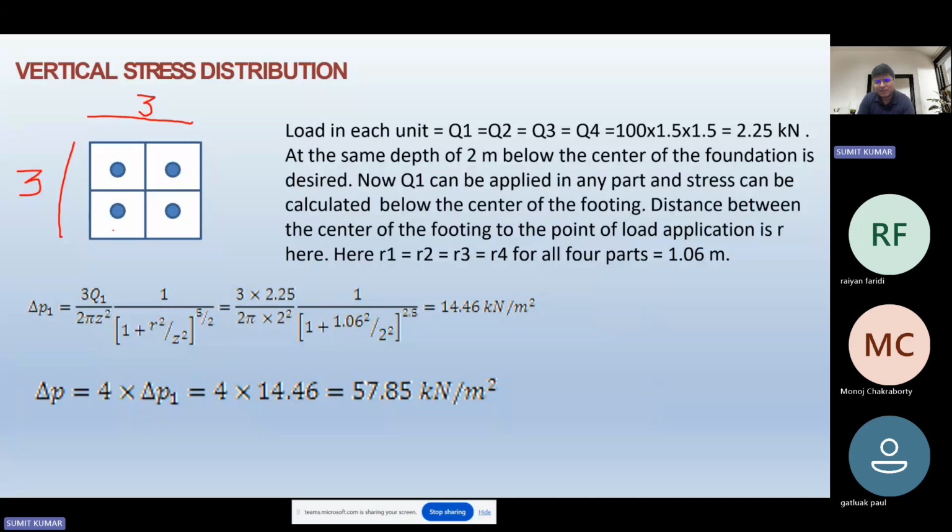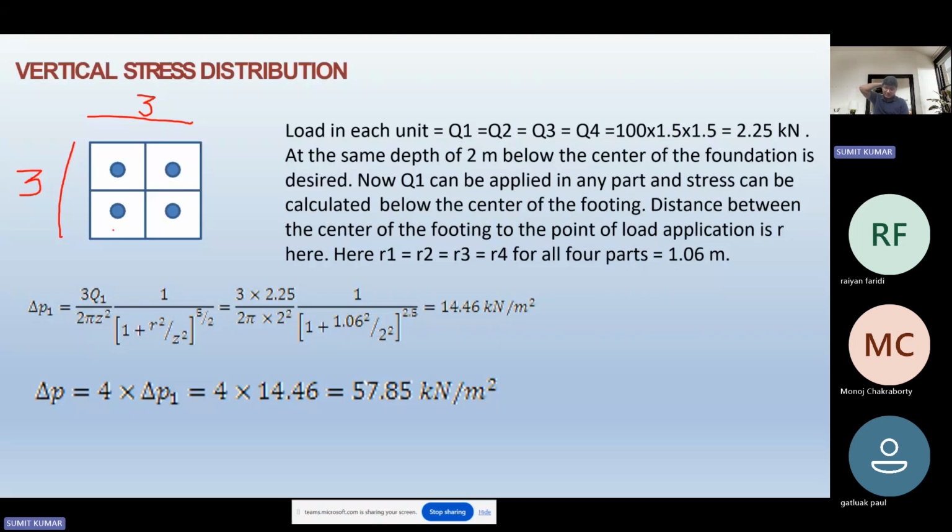Now 1.5 multiplied by 1.5 into 100 kPa gives 100 into 1.5 into 1.5, so Q is 225 kilonewton.